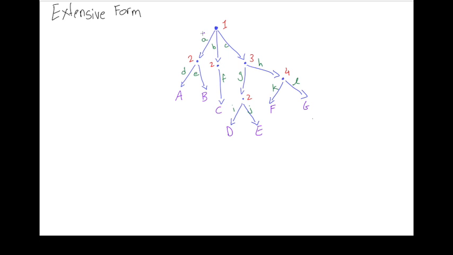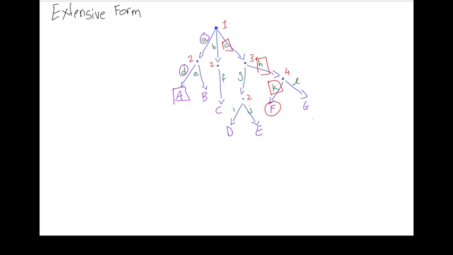So if player 1 chooses A and player 2 chooses D, then we're going to get outcome A. On the other hand, if player 1 chooses C, player 3 chooses H, and player 4 chooses K, then we're going to get outcome F. So in this way, the tree gives us exactly the relationship between the outcomes and the actions that the players choose. But what we really need is the fifth component. What are the preferences of the players over these outcomes?